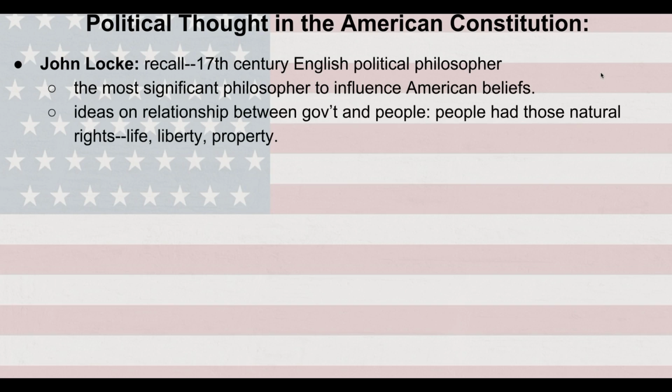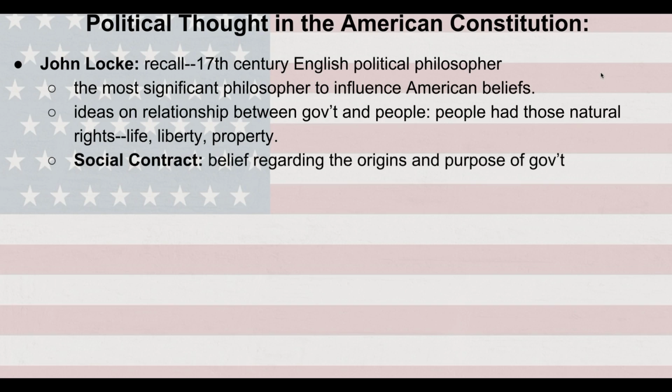John Locke is going to formulate the ideas on a relationship between the government and the people. And he says that people have natural rights, and natural rights are things like life, liberty, and property. And the role of government is to ensure that these ideas are protected.